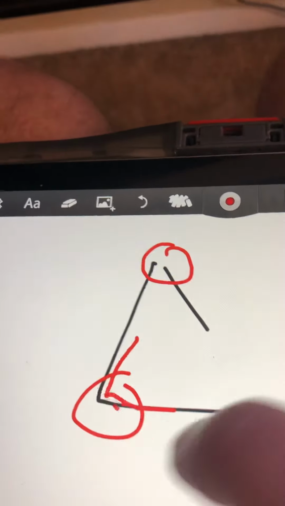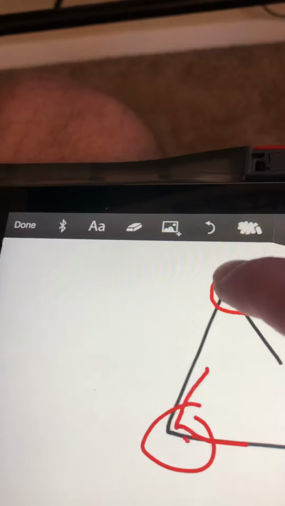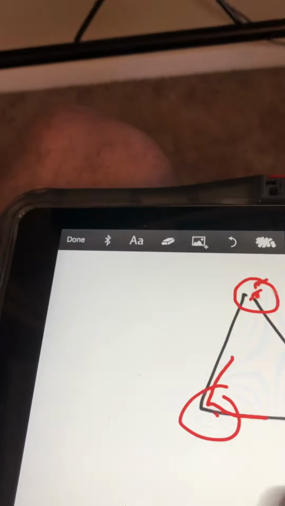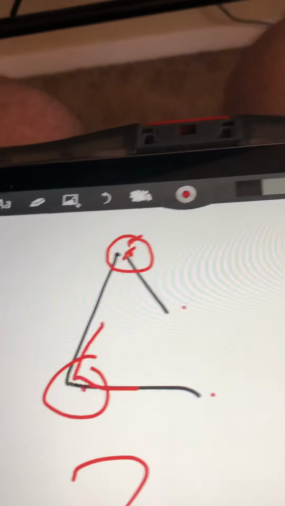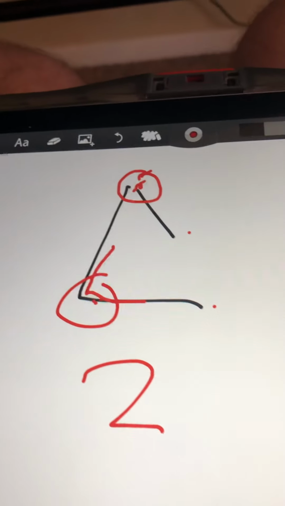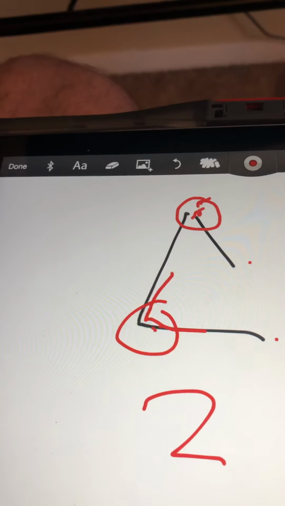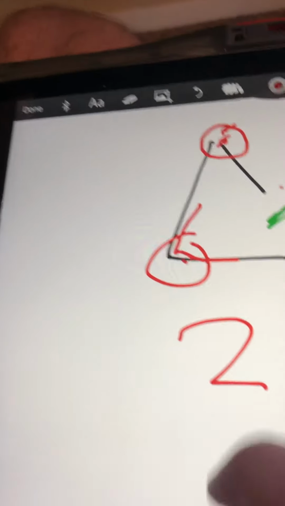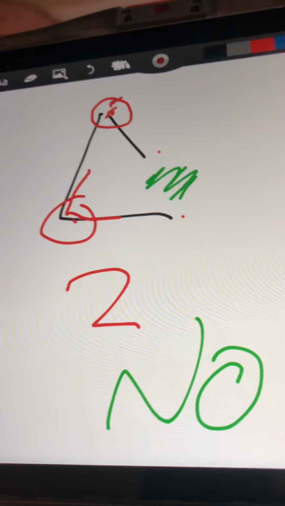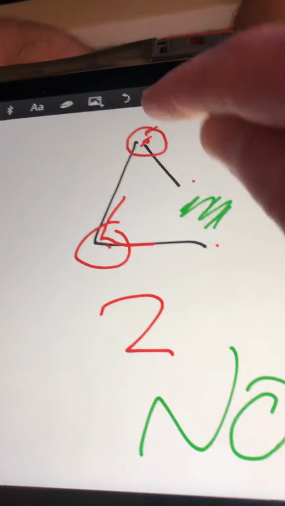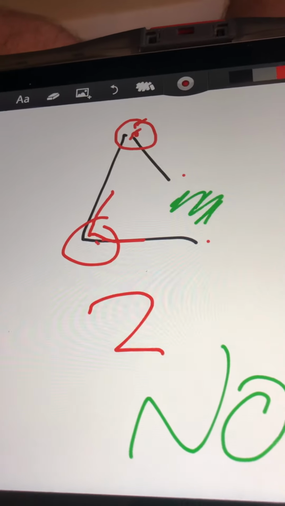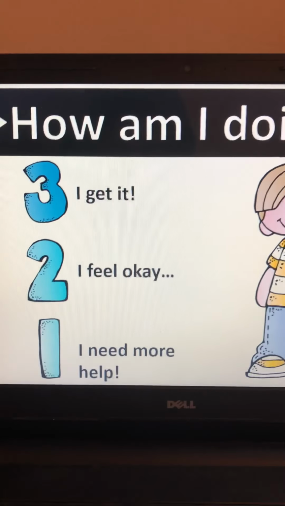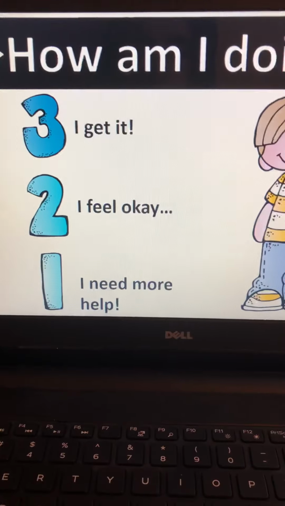They meet right there. They meet right here. This doesn't meet anything. That doesn't meet anything. So there's only 2 vertices here. And then is it closed? Well, you can see right here there's this big open space, so no, it's not closed. Not all the sides touch. These two don't touch each other. That's why there's no vertice there. Okay, hopefully you're not having too much trouble with this.